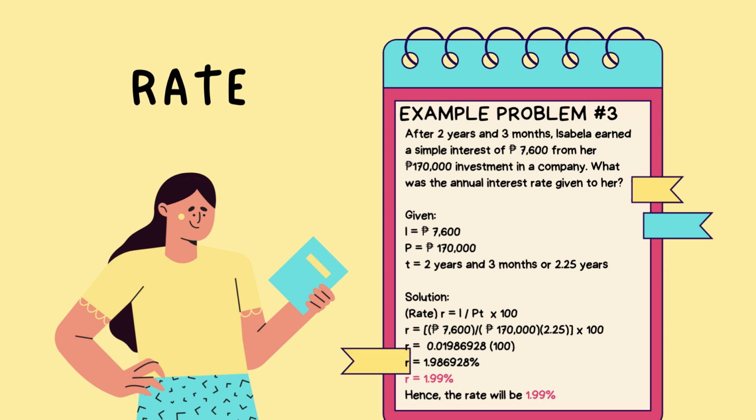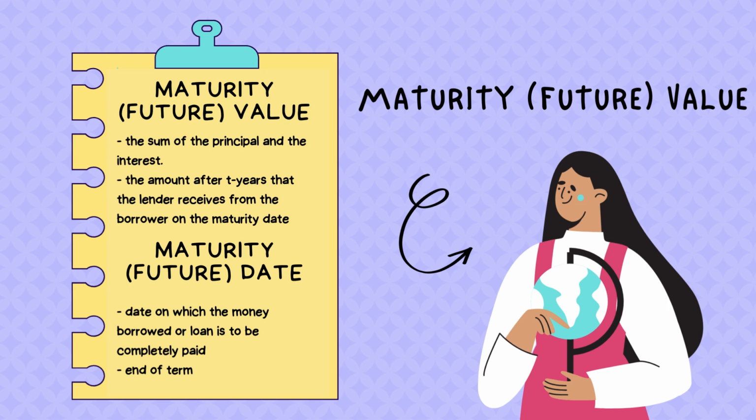Using the rate formula, R is equal to I divided by P times T, times 100, and we substitute the values to the given formula, we now have a rate of 1.986928%, or we round to two decimal places, which is 1.99%. Hence, the rate will be 1.99%.